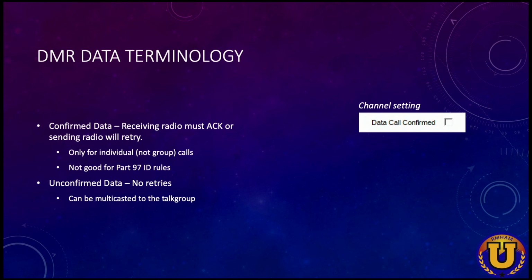There's rate 3/4, where they use a trellis arrangement to add some forward error correction, but still give you a decent amount of capacity. The 3/4 basically means that 3/4 of the packet carries your user data as opposed to checksum information.